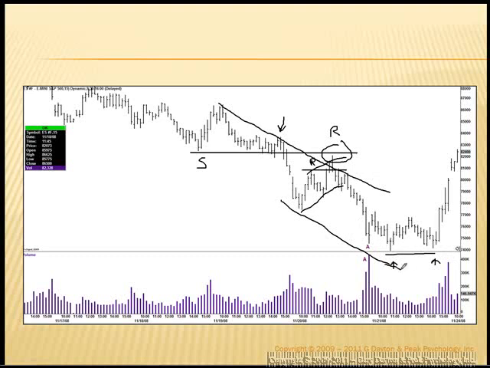The testing, in part, tells us that supply has dried up because structurally, in terms of the structure of the market, this is not coming all the way down to the demand line anymore. It comes down to this support level and tests, and then holds. You can see here when it came down to this support level to test, it broke right through and just held the lows and started to accelerate down into the climax.